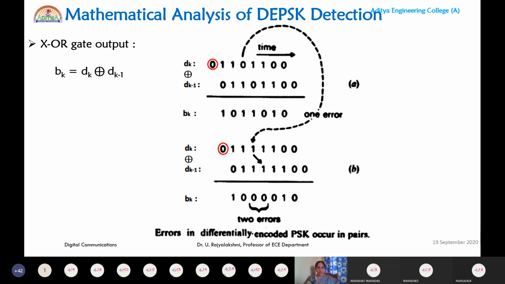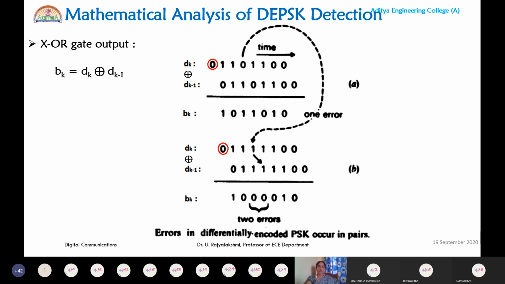Now take the XOR of DK and DK minus 1. Using the XOR gate operation, for different inputs the output is 1. For the first data bit, 0, you can leave it. Observe 1, 0, the output will be 1. For 1, 1, both are the same, so output is 0.